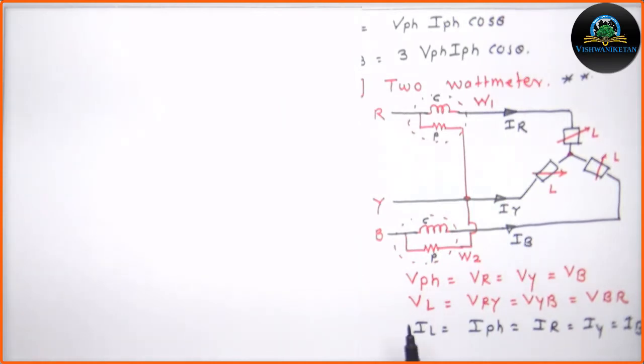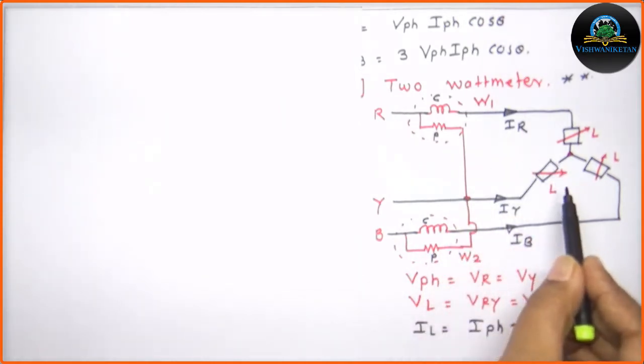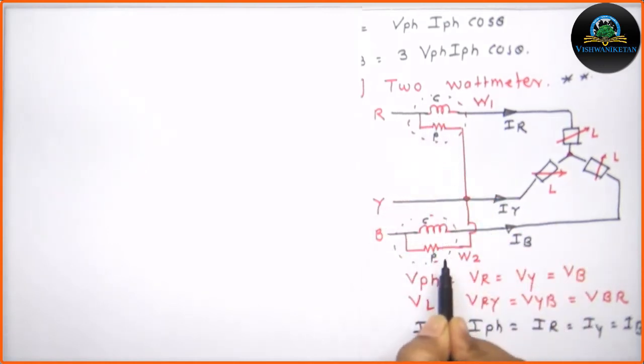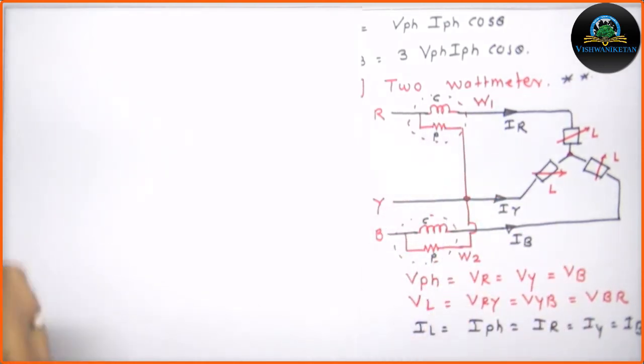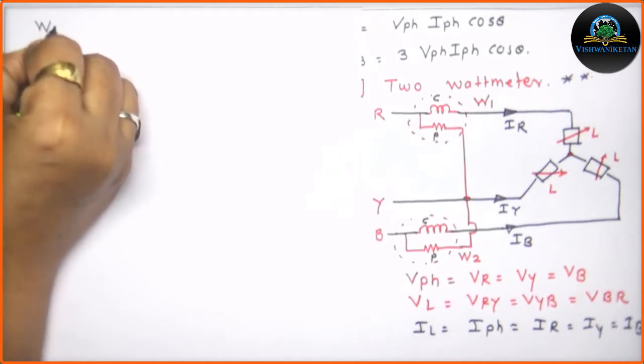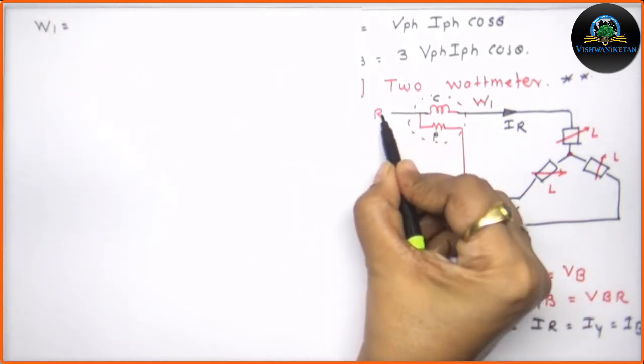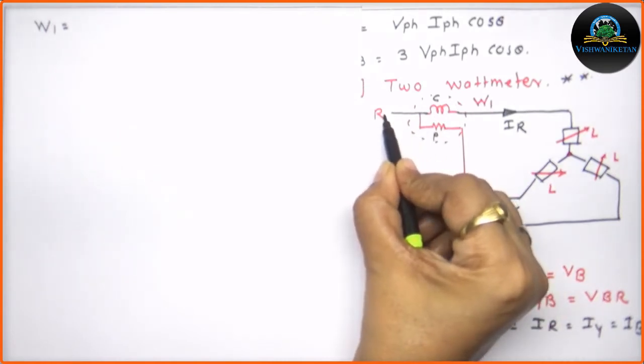By using this particular diagram, now we can develop the readings of W1 and W2 separately. W1 will be equal to, now just see, for W1 the current coil is connected to the R phase.